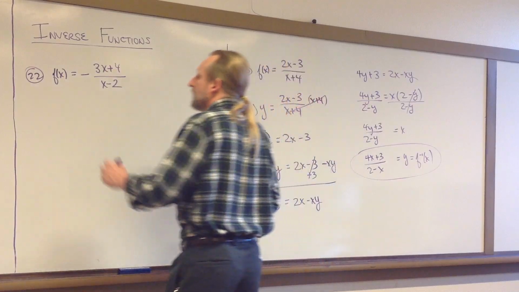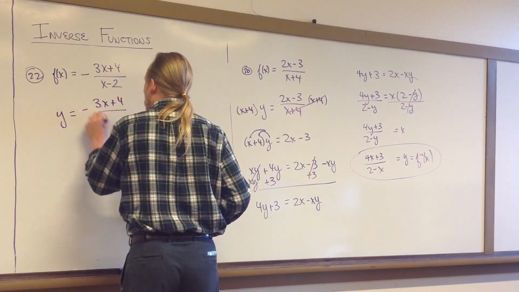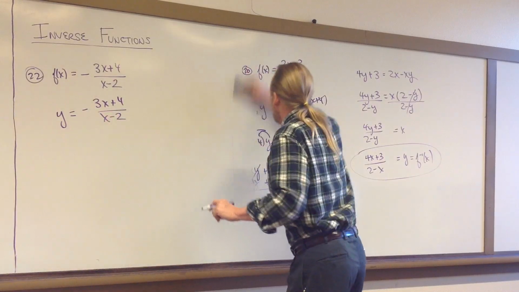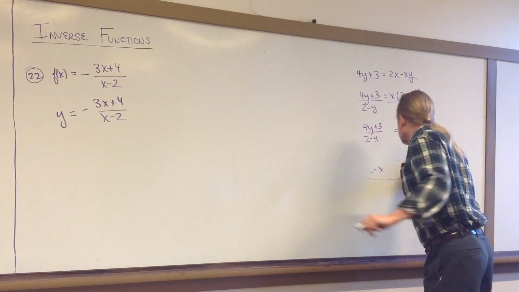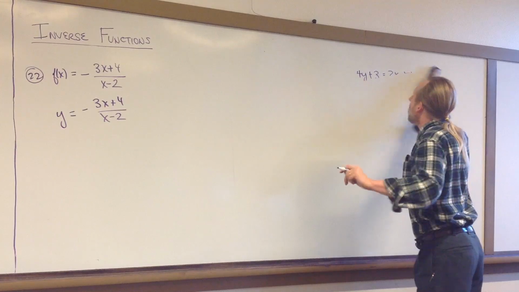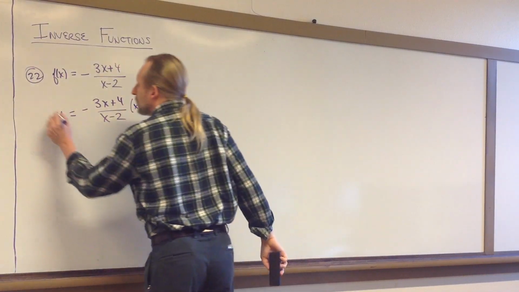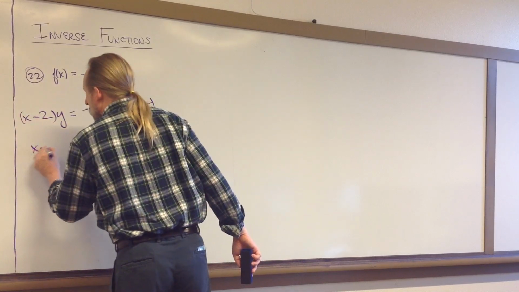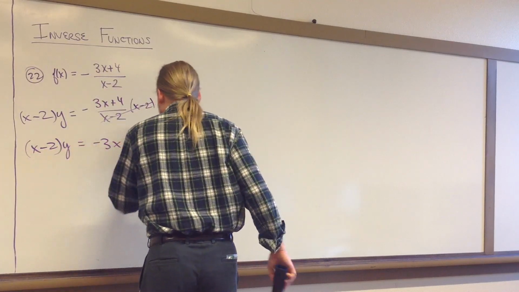So first let's write it as y equals, and now again we want to clear that denominator. So we'll multiply on both sides by x minus 2. So those cancel out. And this will be negative 3x minus 4.